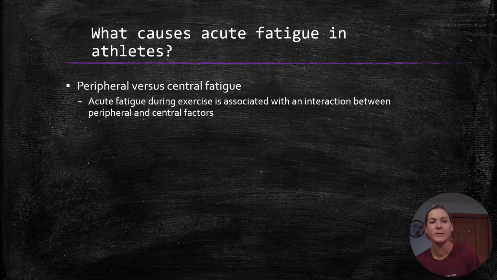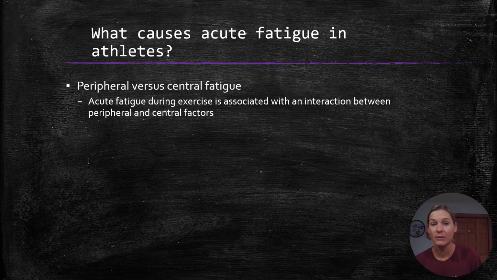So what causes acute fatigue in athletes? We have peripheral versus central fatigue. Acute fatigue during exercise is associated with an interaction between some of these factors. So some factors may influence the brain and our ability for our muscles to contract. It could be an accumulation of some of the waste products associated with our energy systems.